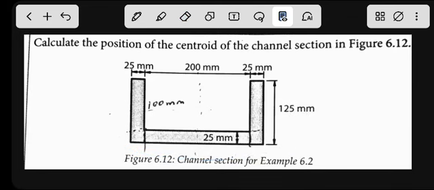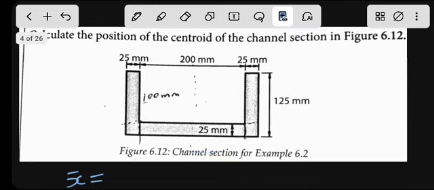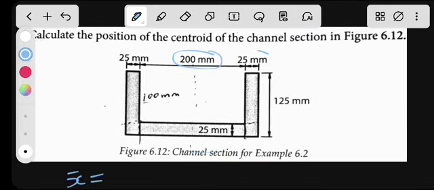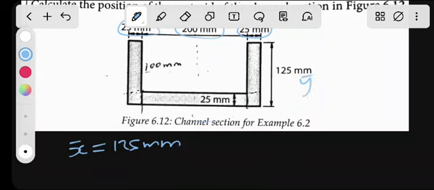First, x bar will simply equal the base, which is 200 plus these pieces, so 250, divided by 2, which is 125 millimeter. Pretty straightforward. However, y bar we have to calculate.